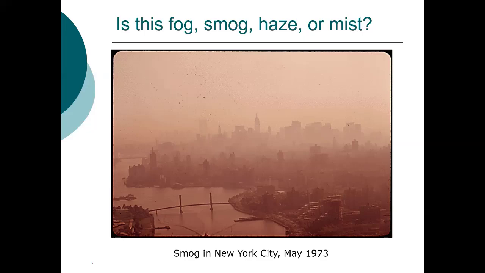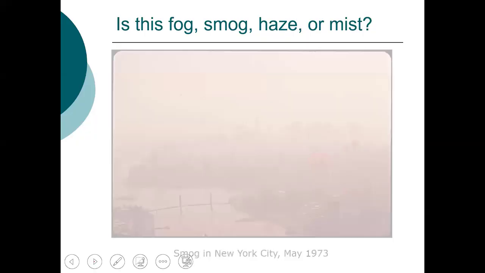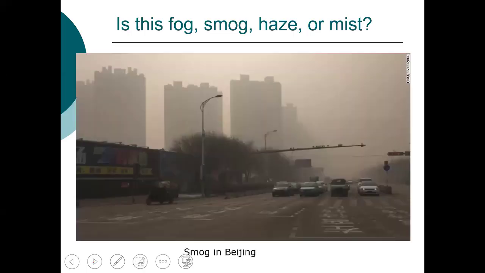It was not uncommon for the skyline of New York City to look like this. Combination, we'll talk about this in terms of chemicals, particulates, ozone, that resulted in this smog. Smog in Beijing, similar, again, the same. We'll talk about this photochemical smog and how that occurs and why it's so hazardous to our health and well-being.